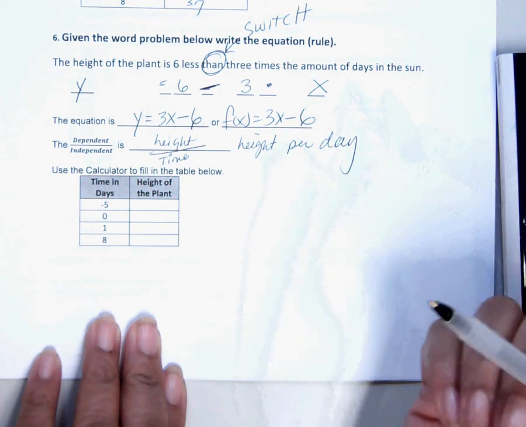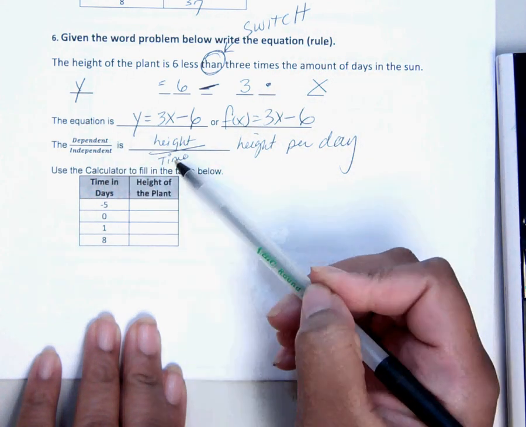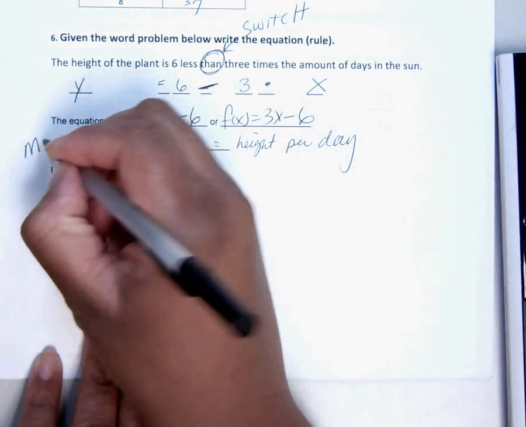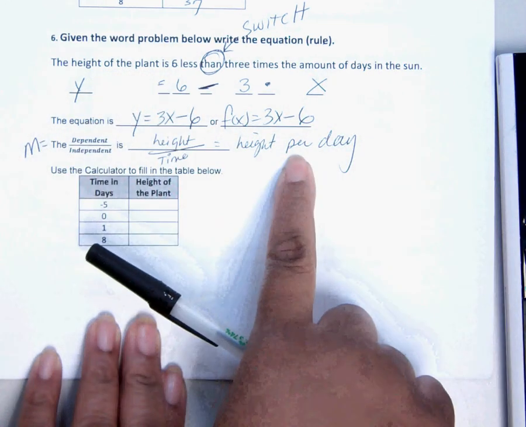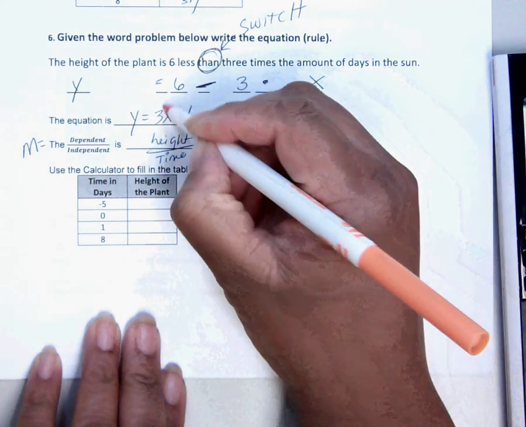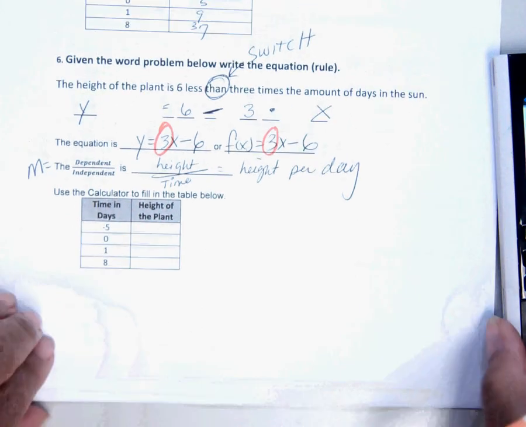And this is what you're going to do in class. That's it. The dependent is height, the independent is time. And so the slope, m, is the height per day. The slope is also the 3. The 3 is the slope.